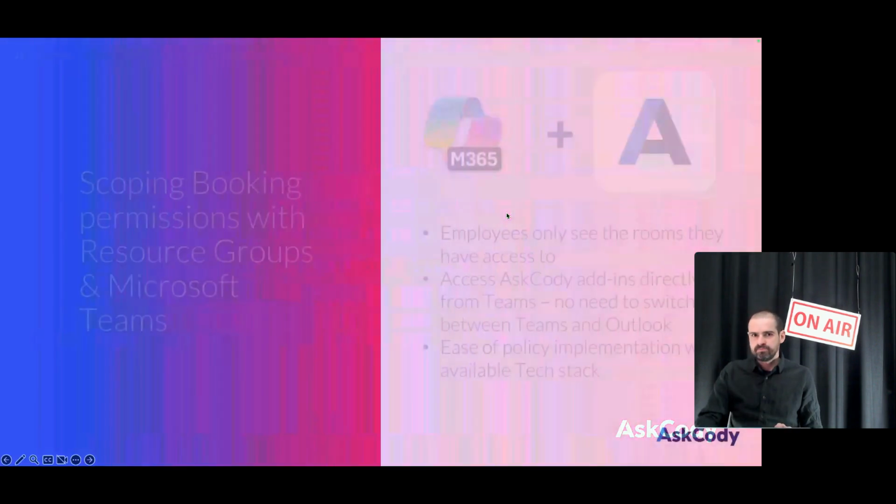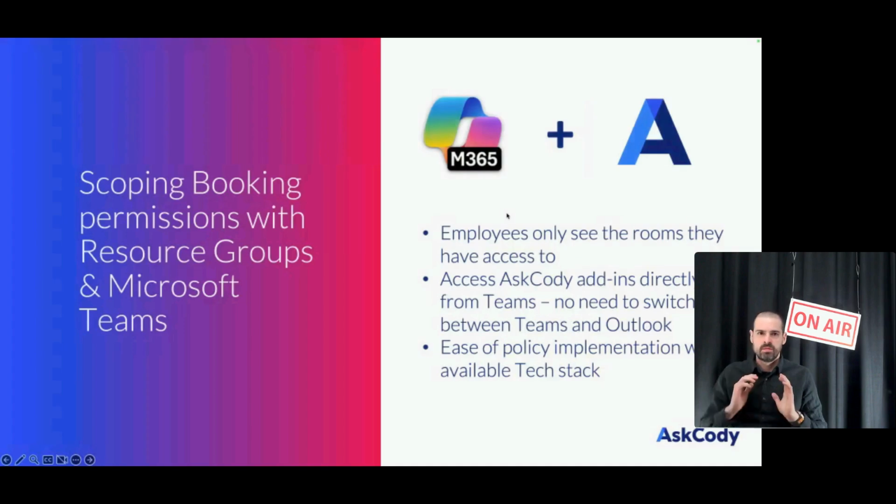Now, let's review what we had to share today, because this is a very powerful feature and it brings a lot of control and a lot of power for organizations to implement booking policies with the tools that they already have. So there's no need to have any other third-party tool.